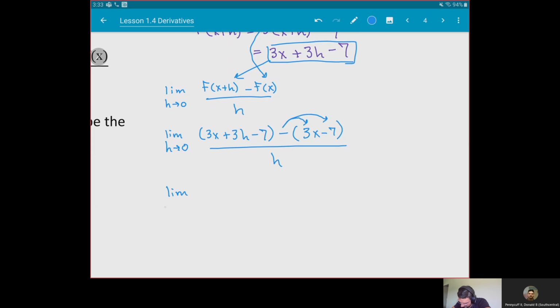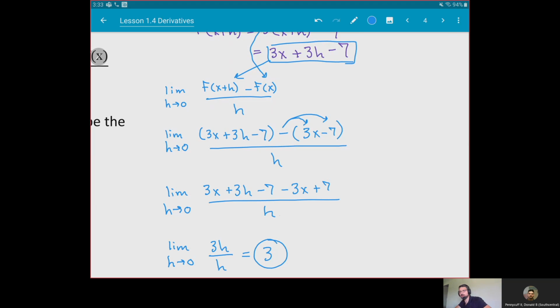So the limit as h approaches 0 of 3x plus 3h minus 7 minus 3x plus 7 over h. Reduce the limit as h approaches 0 of 3h over h. And then the h's cancel out, and you're left with a 3. And that is the instantaneous slope.